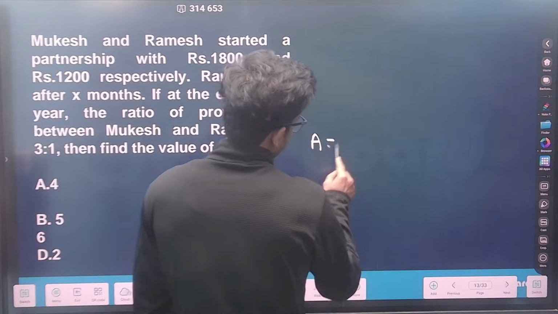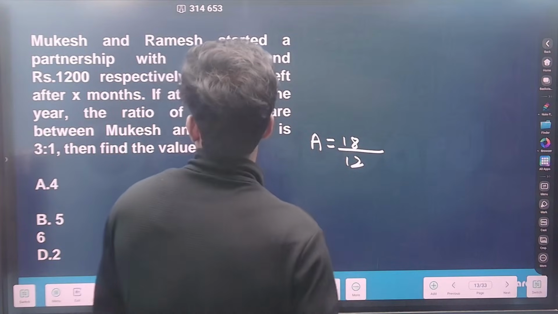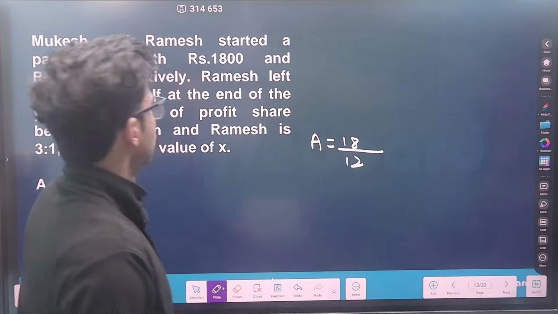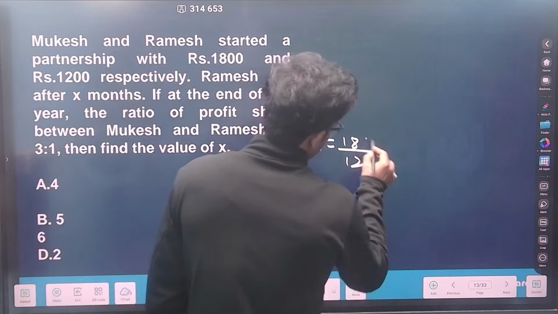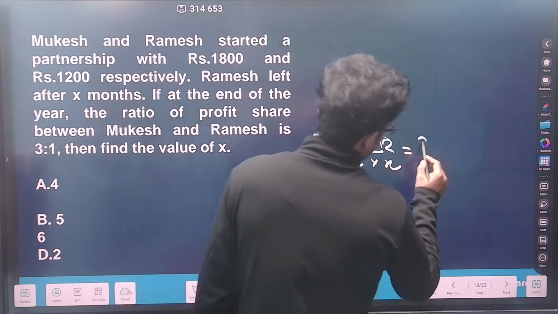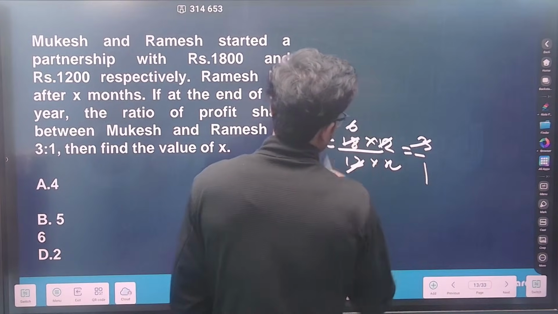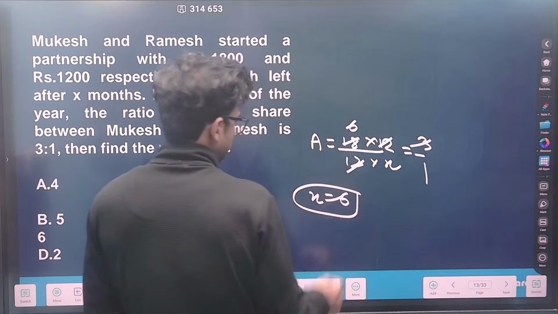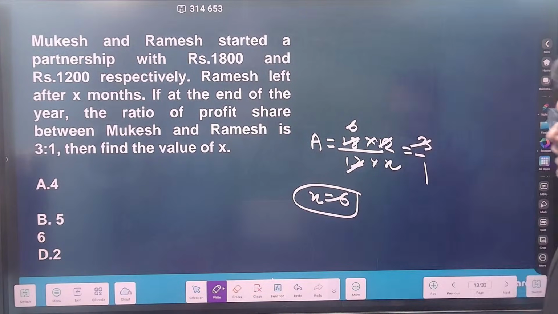Basically 18 by 12. 18 by 12 only, na? Into 12 into x is equal to 3 by 1. x equals 6. I think this was way easier than the other part. Fine. Everyone understood this?